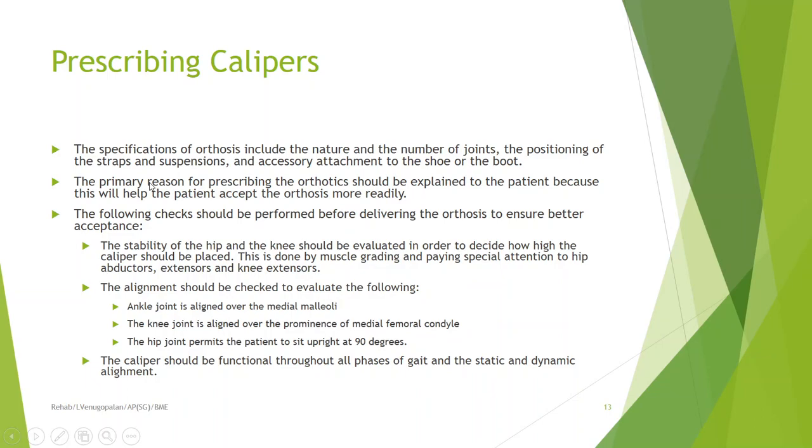Right? A caliper should be a functional device. It should not be an ornamental device, or something that is worn just because the rehabilitation engineer thinks that the person should wear a caliper. Right? It should aid in functional movements of the patient. If it is not aiding, then it is better not to prescribe it. Just leave the patient alone.